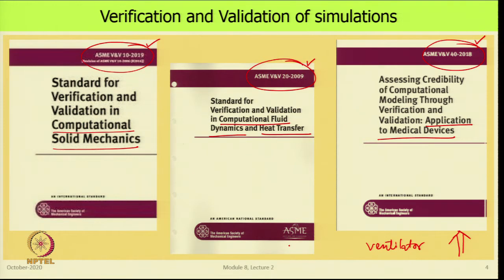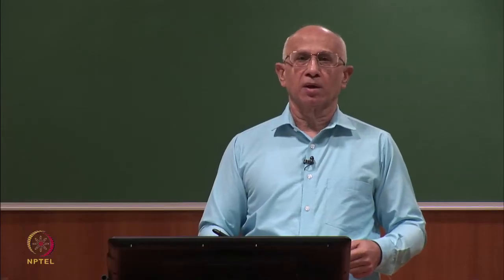These standards came in response to the fact that people began to believe that once you have done a numerical solution using some finite difference or a finite element code, that answer is perfect and correct, and people started believing in it without having any doubts about the uncertainties, the probable limitations, and the errors introduced at various stages.